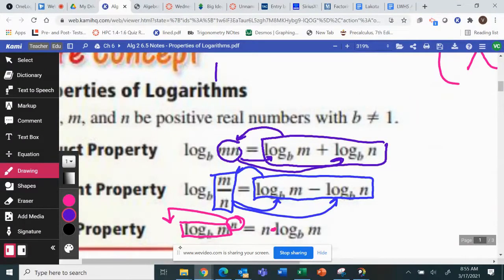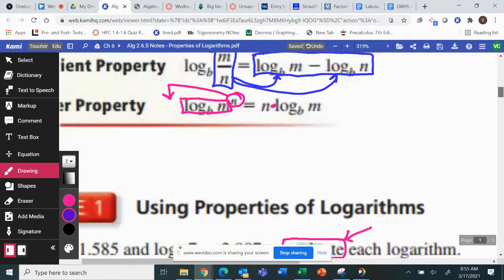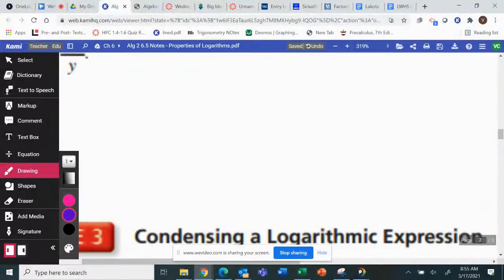Expanding goes from this side to this side of the property. It starts with multiplication being separated into addition, or it starts with division and goes to subtraction, or it starts with an exponent and pulls it in front. That's expanding. So we're going to do that as much as we can for this example.